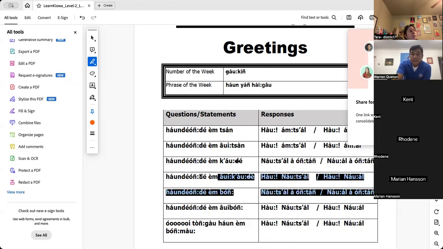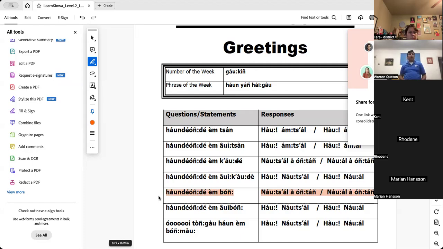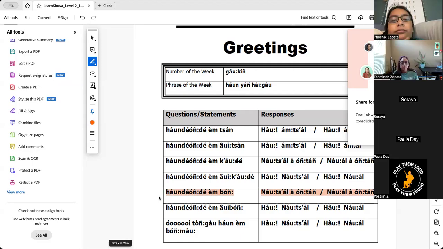Okay, we're going to jump to the fifth phrase reading down, and this is the one I use most often. Honde onde and bone. It's the easiest one to use when you're starting to greet people. Just repeat after me. Honde onde and bone. That means how wonderful it is to see you.